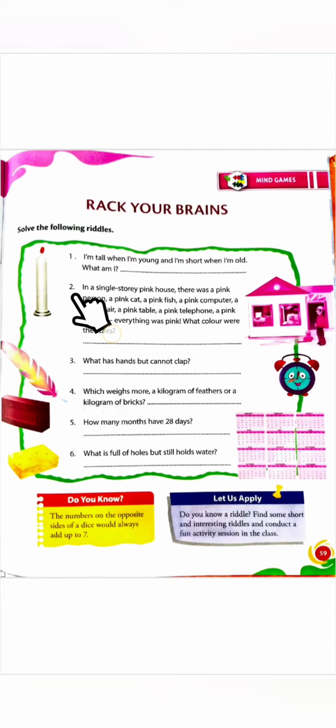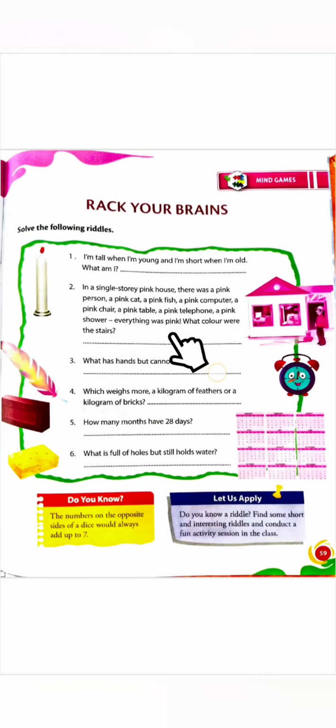See in the second question, in a single story pink house, there was a pink person, a pink cat, a pink fish, a pink computer, a pink chair, a pink table, a pink telephone, a pink shower. Everything was pink.